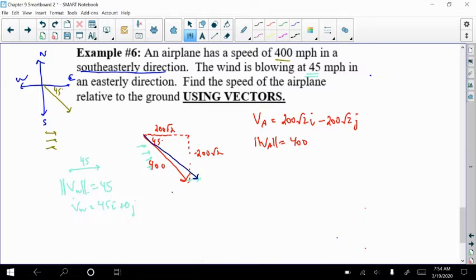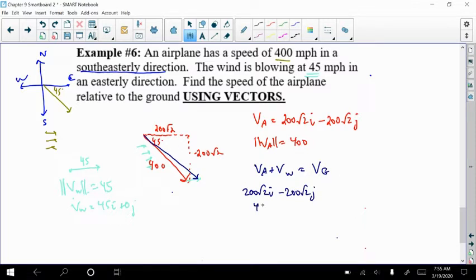Well, we would basically add the components. We would add up the vector that represents the airplane plus the vector that represents the wind to get our new vector that would be the speed relative to the ground. And so, I add up by components. So I've got a 200 root 2 I minus 200 root 2 J. So that was our airplane.